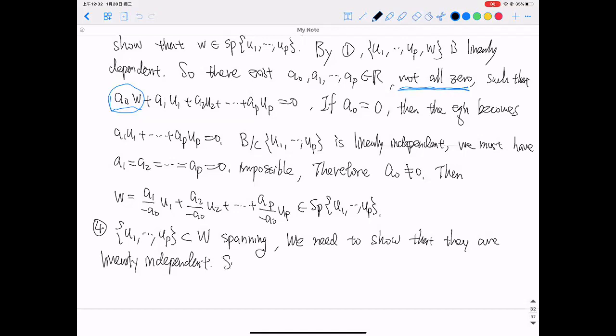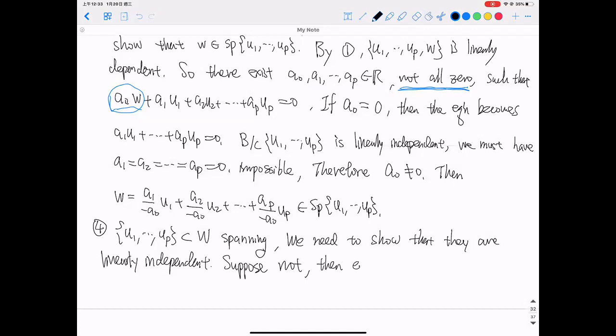Suppose otherwise. Suppose not. That is, we assume that these vectors u1 through up are actually linearly dependent.